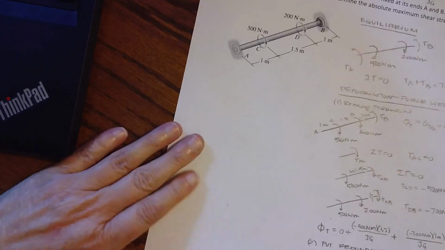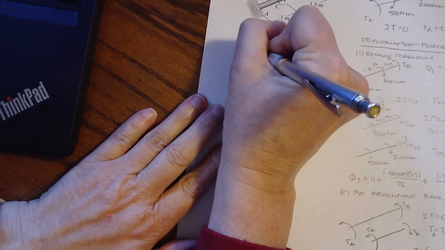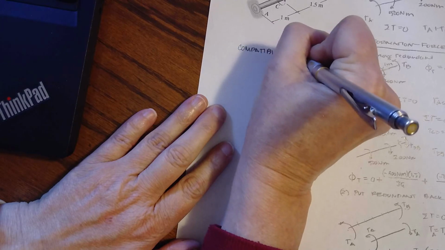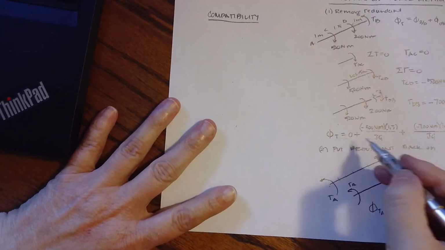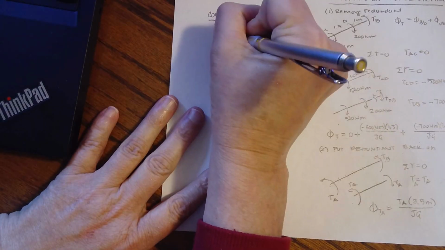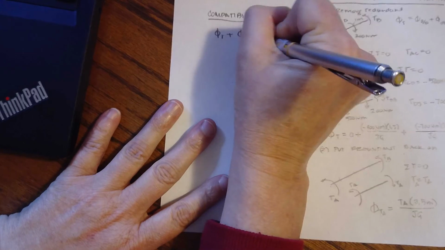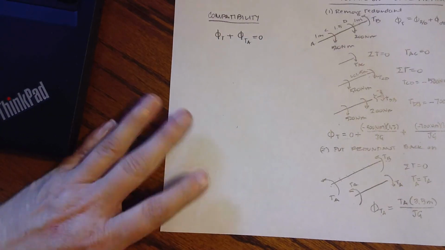So now let's look at our compatibility. I know that phi from the applied torques plus phi of the torque at A has to equal 0 because it's going back to its original place.